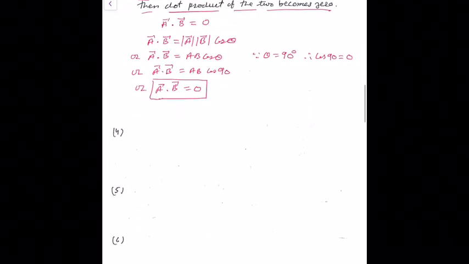Next property, by definition A vector dot B vector is equal to AB cos theta.